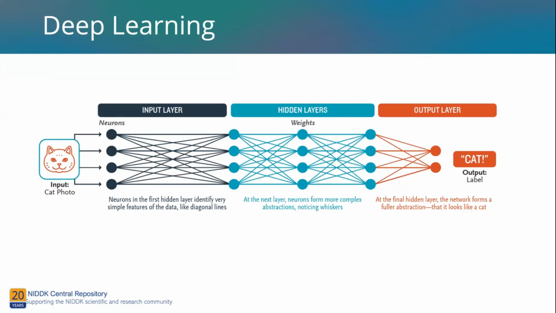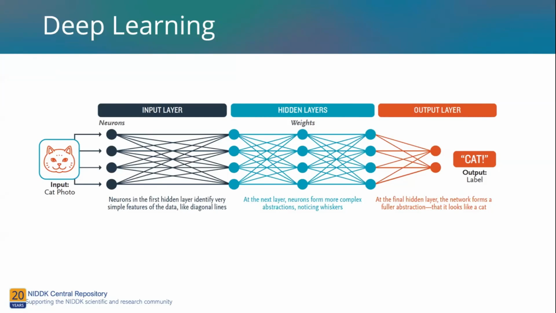Instead of having a model that takes in all my features, weights them how it needs to, and then puts out the prediction, this is going to have many layers of weights, and we call these hidden layers. The more hidden layers you have, the deeper your network is. That's why this gets referred to as deep learning.